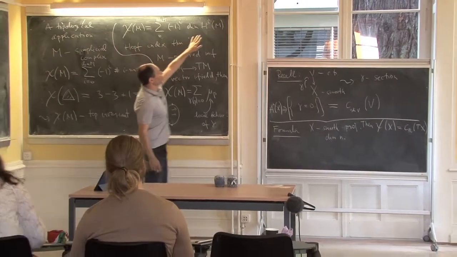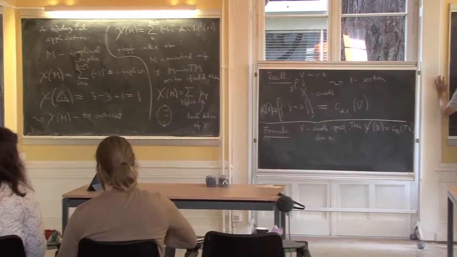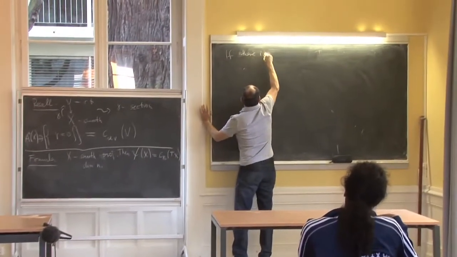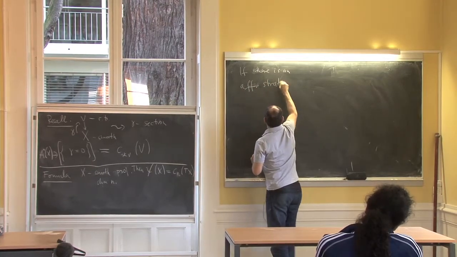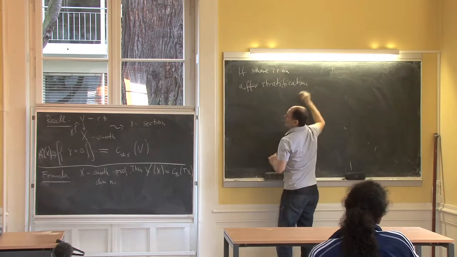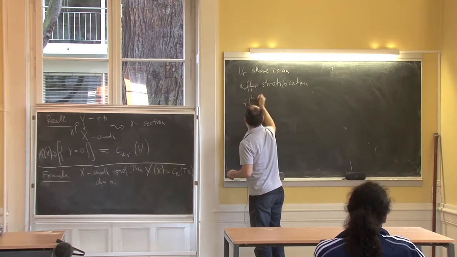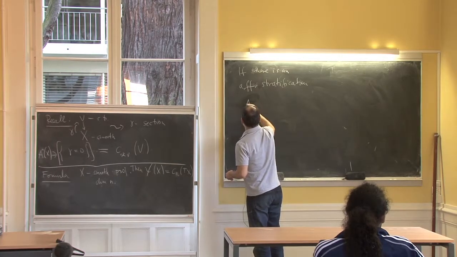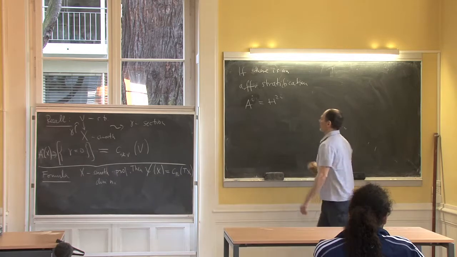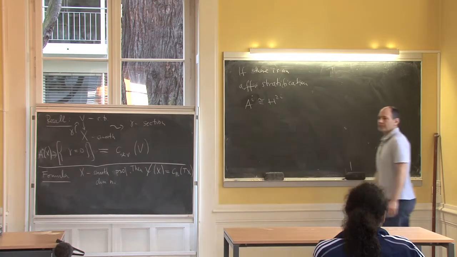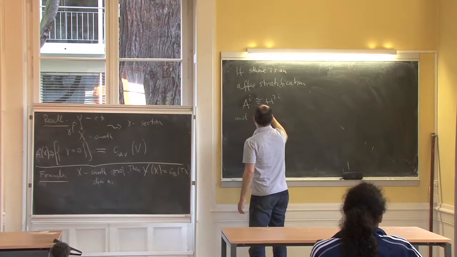So actually, I could replace it. So maybe I write this down. If there is an affine stratification, then in fact it's true that H^{2i}, so A^i, is canonically isomorphic to H^{2i}, and the odd cohomology is 0.